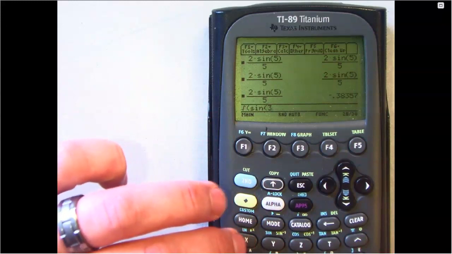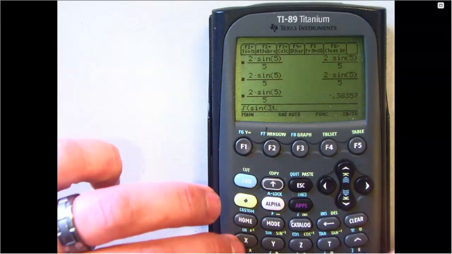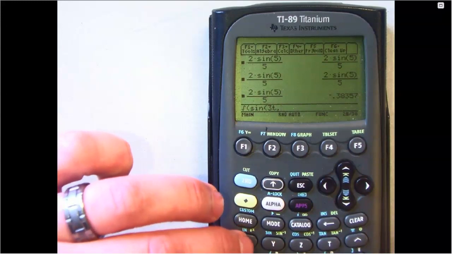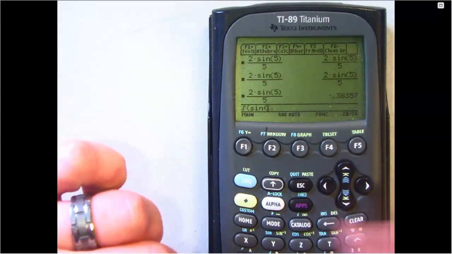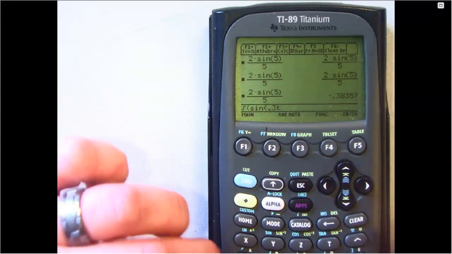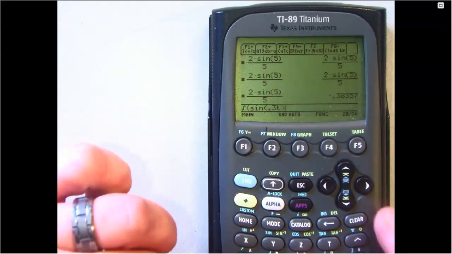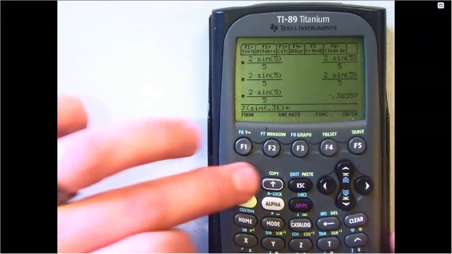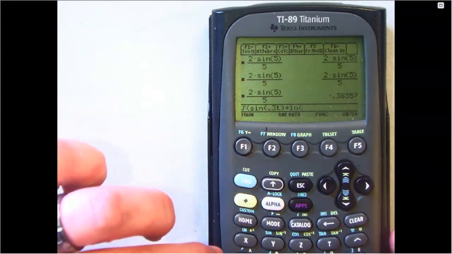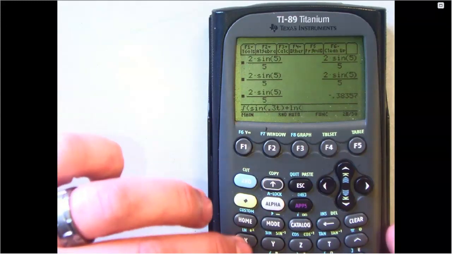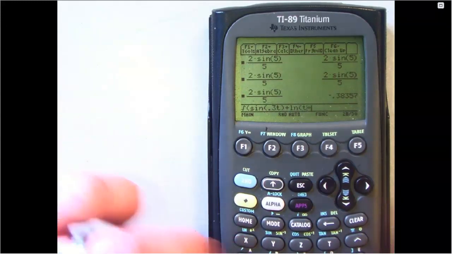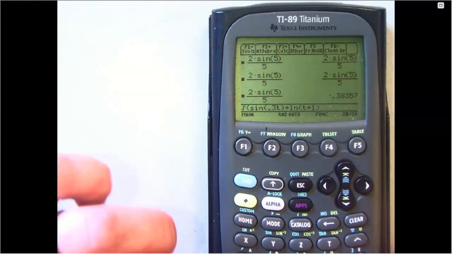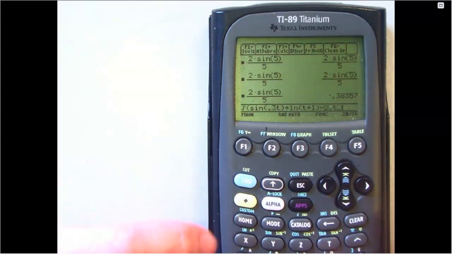You can use X's in place of the T's if you want. I'm going to use the T, just because I think it looks cool. ln is second X. So, a couple things.